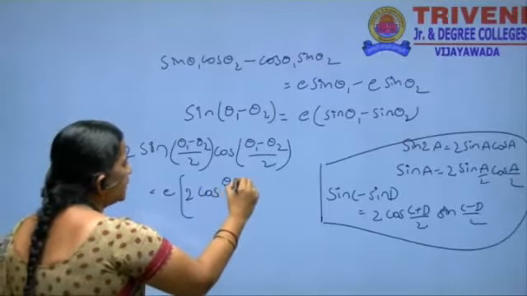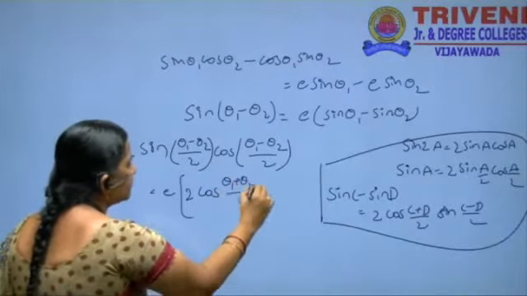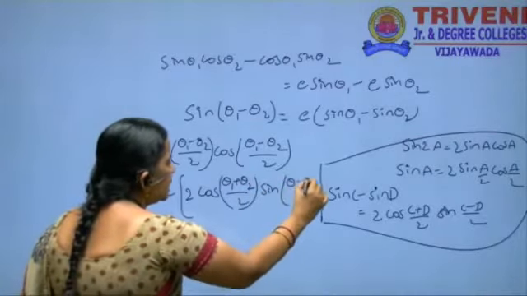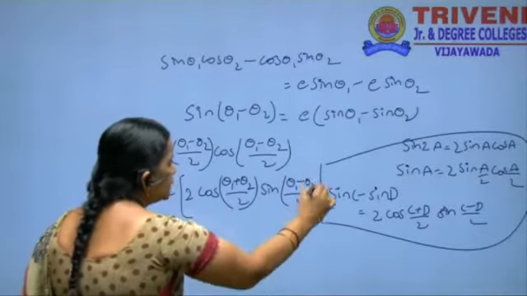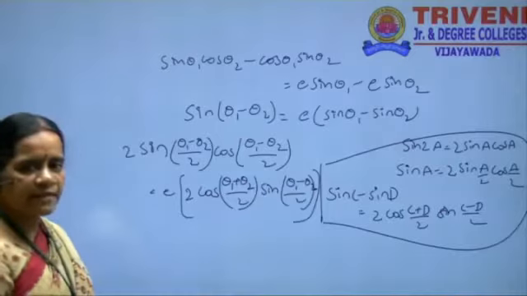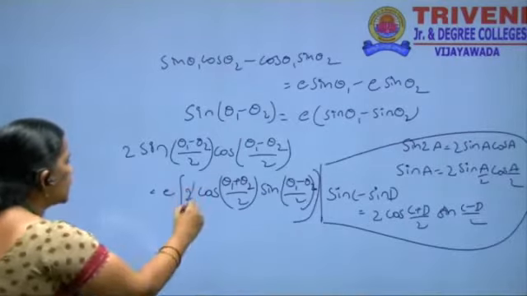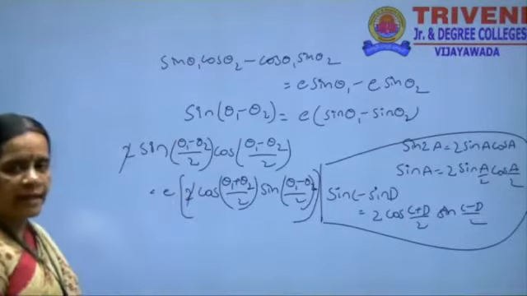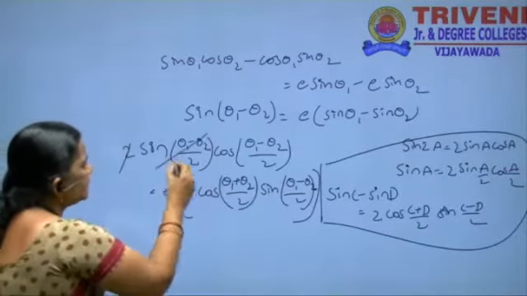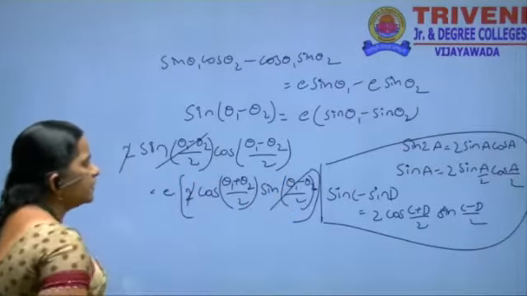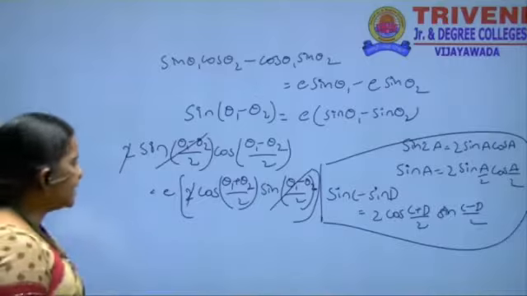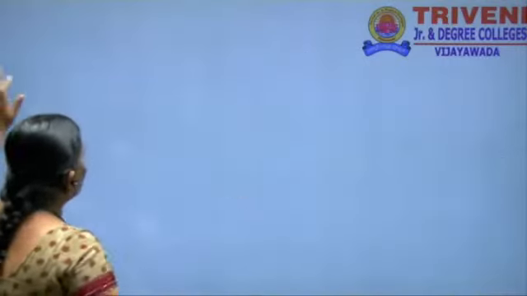Here it is theta 1 plus theta 2 by 2 into sin of theta 1 minus theta 2 by 2. These two formulas we have to use here. And then the cancellation: the 2 gets cancelled here. And again, the next term, sine of theta 1 minus theta 2 by 2, here also sine of theta 1 minus theta 2 by 2, cancels. Then we can rearrange this. That is what we have to get.